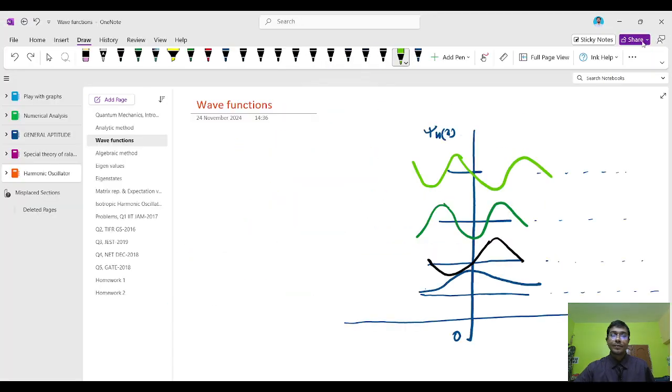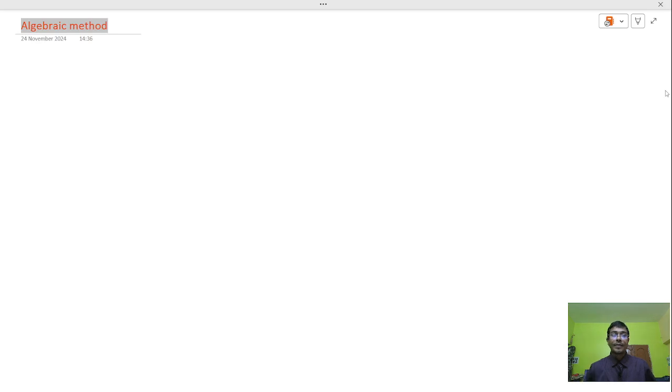After that we move forward to our algebraic method or operator method, and in this topic we write some formulas. For the operator method, we have two operators. The first one is a equals 1 by root 2 times (x cap plus i px cap).